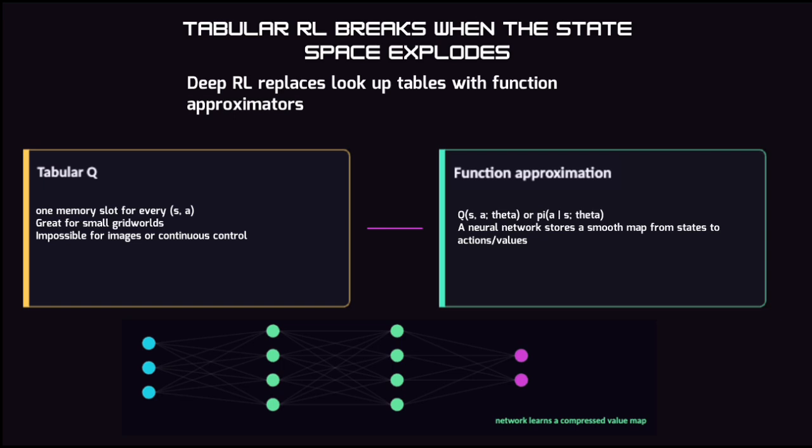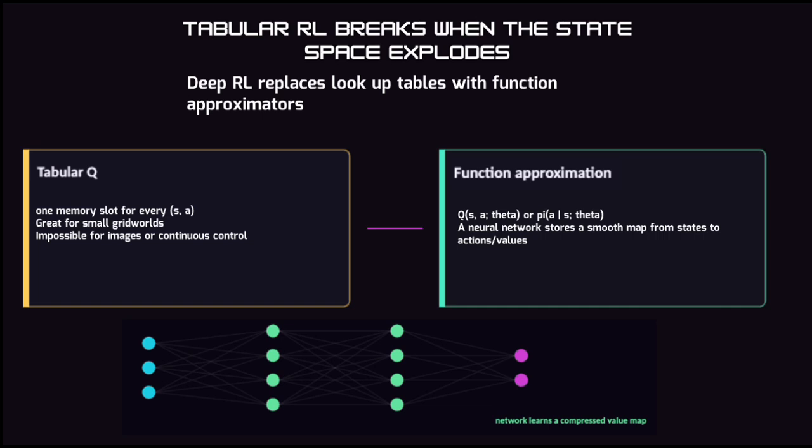Alright, so tabular reinforcement learning stores values in a table. For every state and action, the agent can keep a separate estimate. This is clean and understandable in small grid worlds, but many real problems have enormous or continuous state spaces. A video game screen may have thousands of pixels. A robot might have continuous joint angles, velocities, camera inputs, and sensor readings.